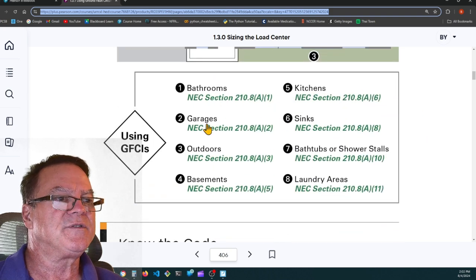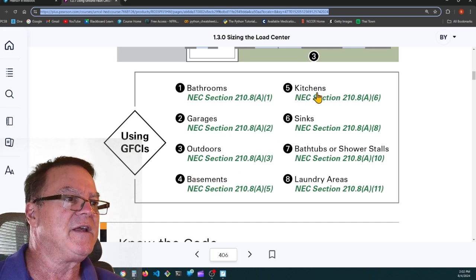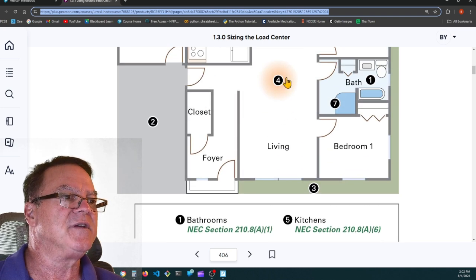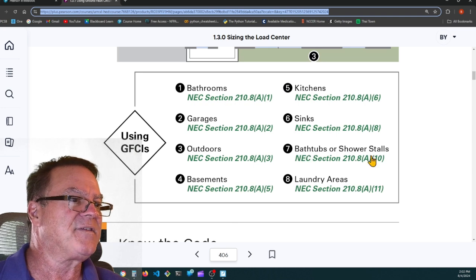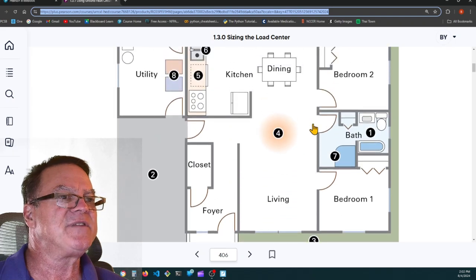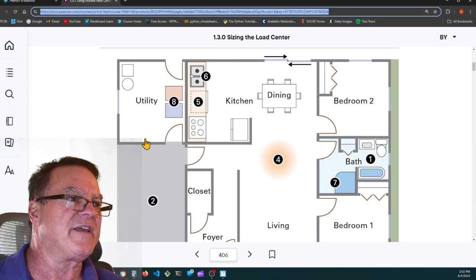So bathrooms, garages, outdoors, basements, kitchens. Oh, that's what they mean by this. If there was a basement, any receptacles in the basement would have to be GFCI. Kitchens, sinks, bathtubs or shower stalls, and laundry areas. What they mean by sinks is sometimes you have a sink that's not in the kitchen. You might have a slop sink in the utility room. If you have a receptacle within 6 feet of that slop sink, it has to be GFCI protected.